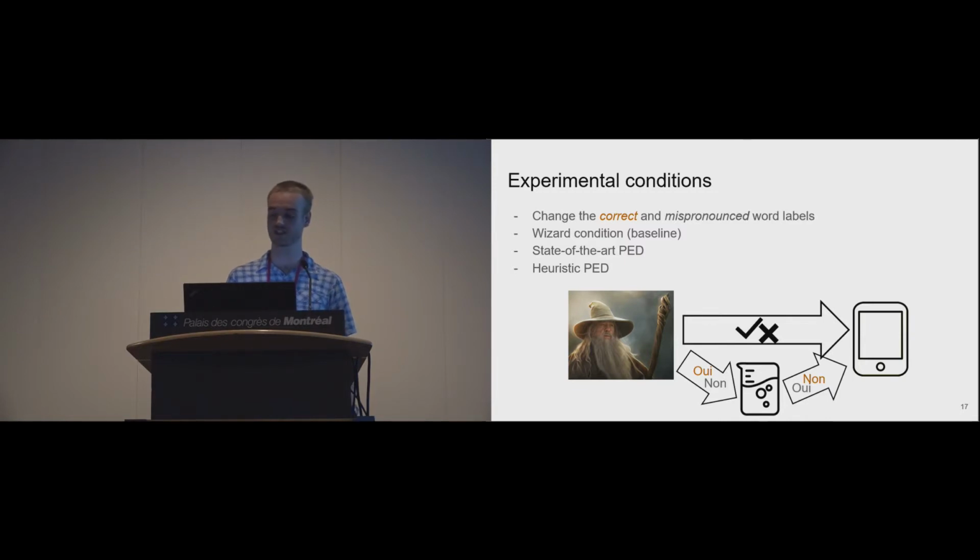The state-of-the-art PED makes decisions based entirely on the audio recordings, whereas the heuristic PED makes decisions entirely by an offline ranking of the difficulty of each word. The wizard is not aware of when and how her feedback has been altered, so her assessments are only impacted by the subsequent performance of the participants.